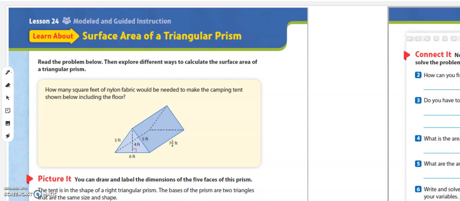Okay, this next example is about doing a triangular prism. Like I said before, the name of the prism is based off of the polygon at the end, the base. We talked about that during the volume lesson. So in this case, you have to find the area of a triangle.